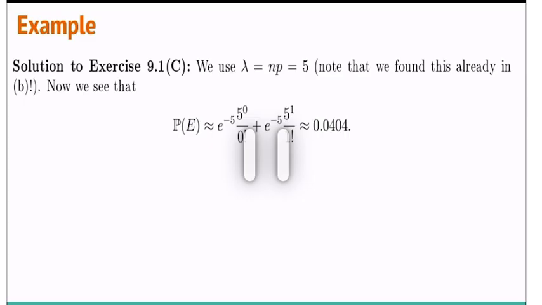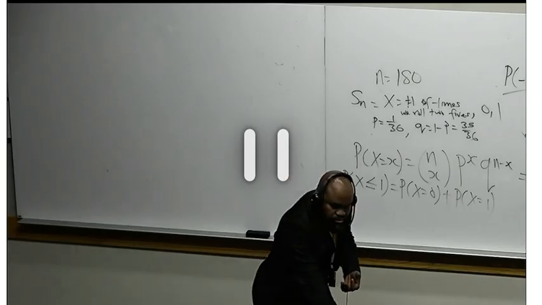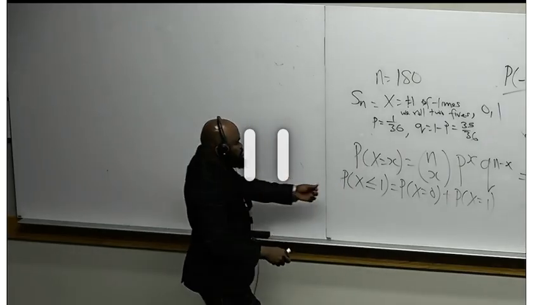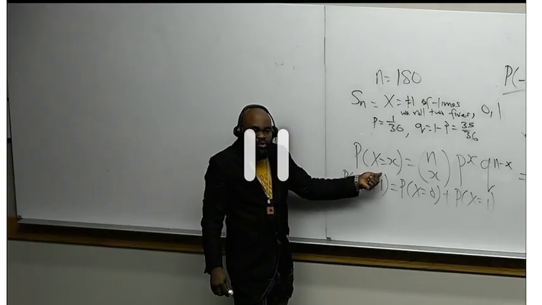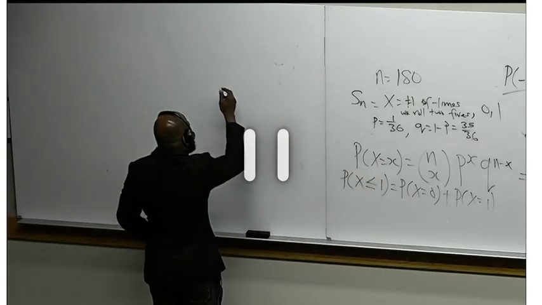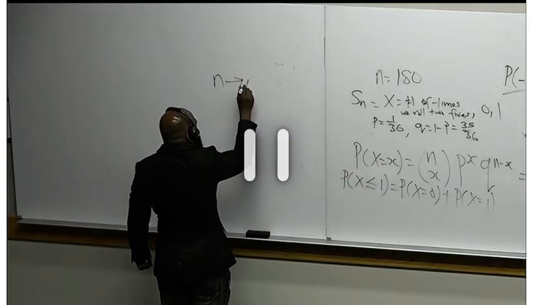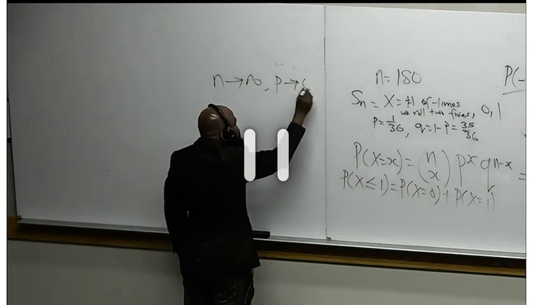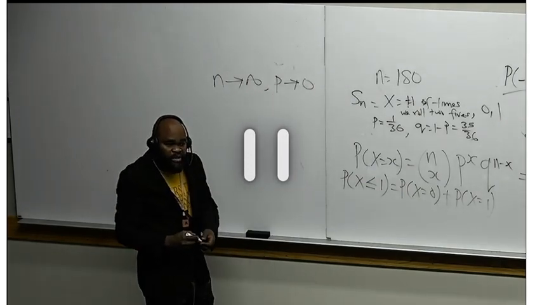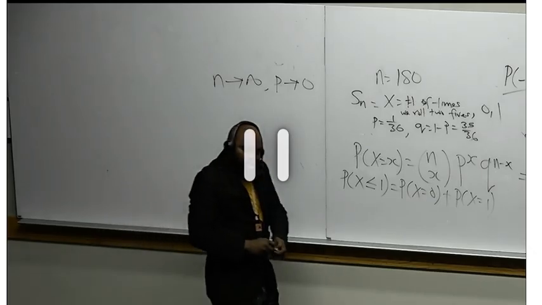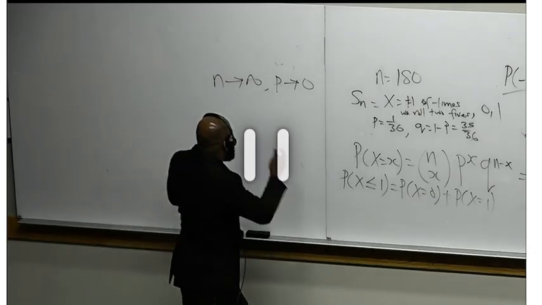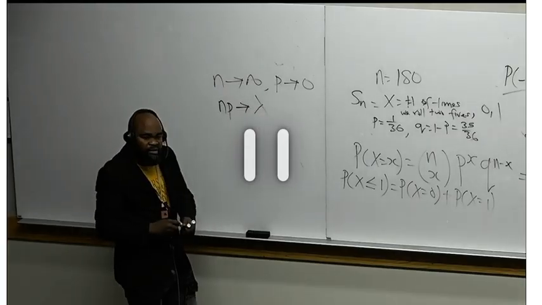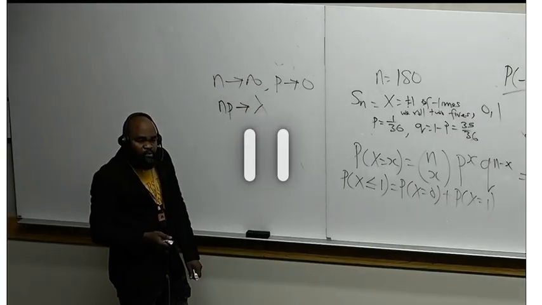Okay, now let me tell you this. In a binomial distribution, when n is large and p, the probability of success, is approaching 0, np will approach lambda.